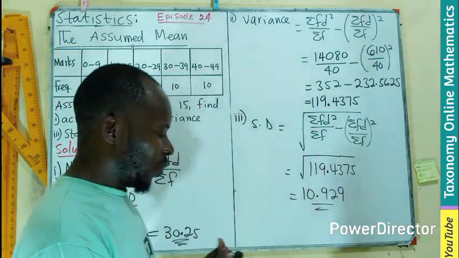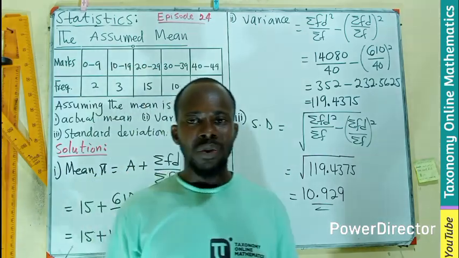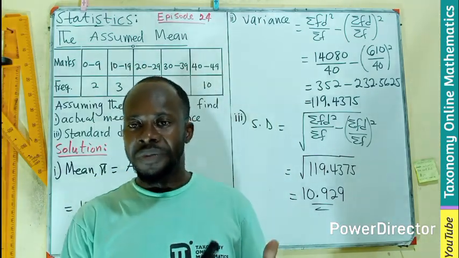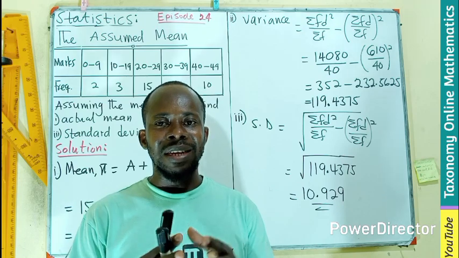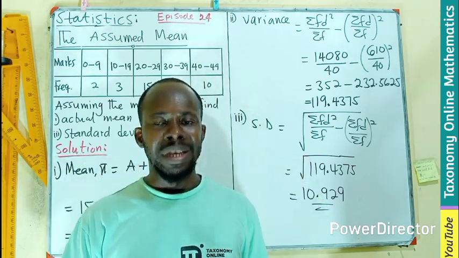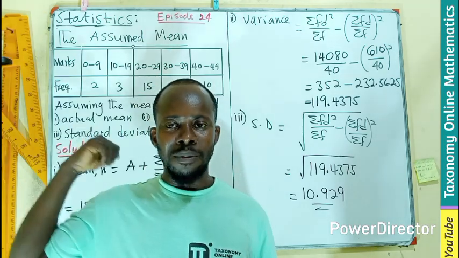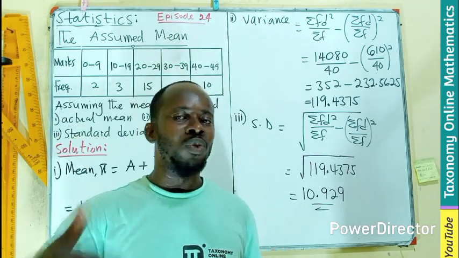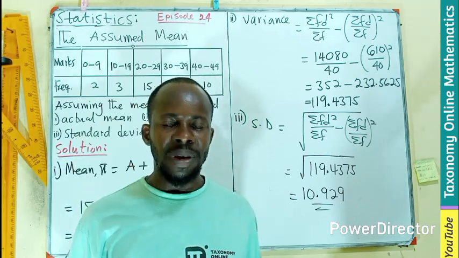So you can see that we can also use the assumed mean in order to find the variance and the standard deviation. What we have to make clear is that if you are not asked to use the assumed mean, you can still use it. That is, if you master this formula, you can still use it to calculate the mean, standard deviation, and the variance, regardless of the question.